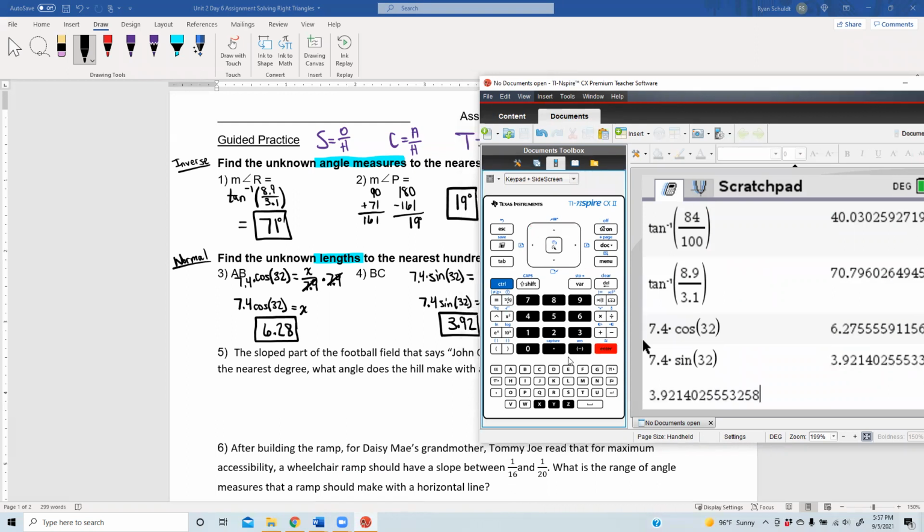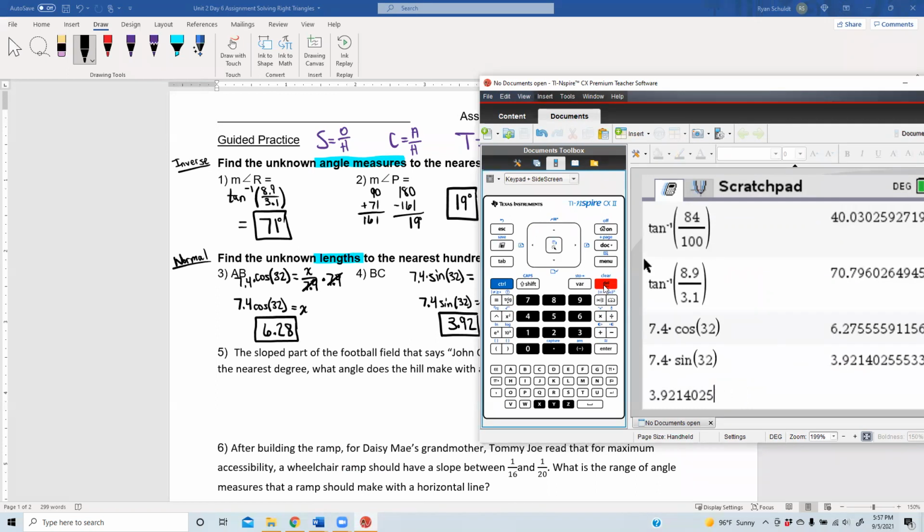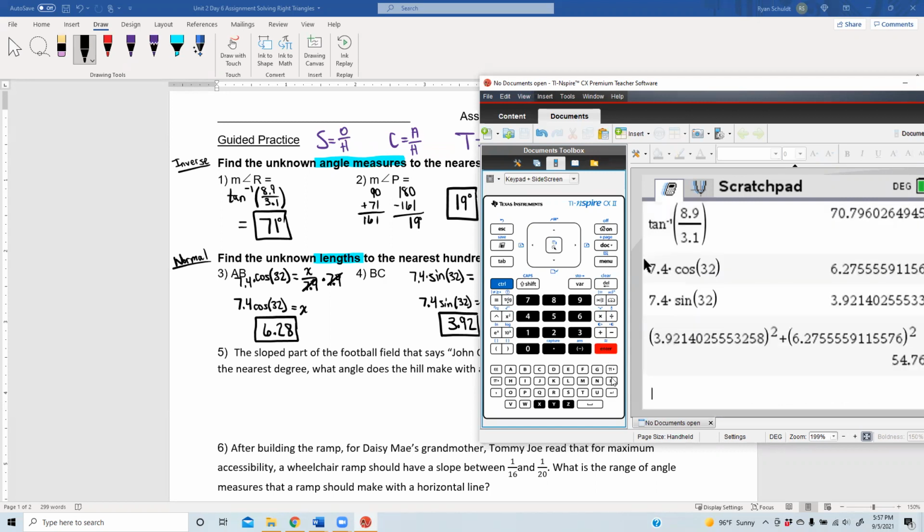So I'll do it again, that way y'all can see what I did. Let me delete it. Go up and grab the previous number and square it, plus, go arrow up, grab that number, square it, and enter.